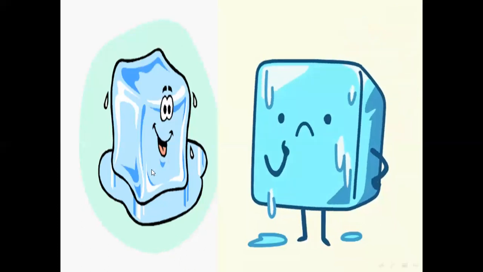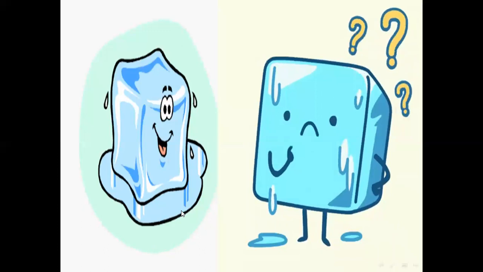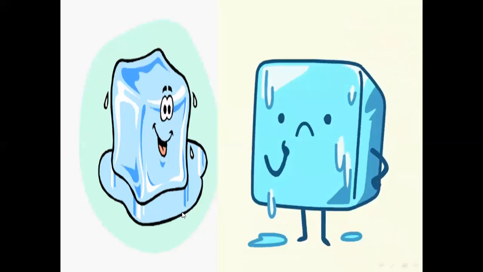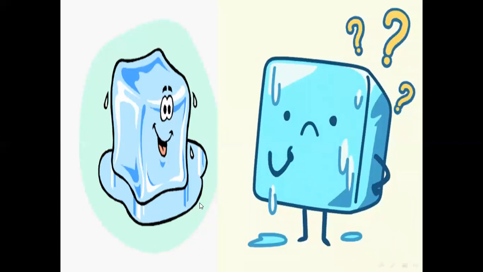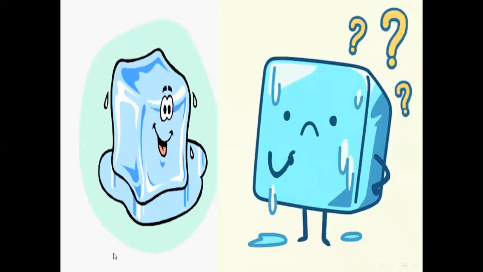It gradually melts and changes into liquid. Why? Because the air around the ice cube is warmer, and heat flows from warmer to cooler objects. So it melts the ice cube.